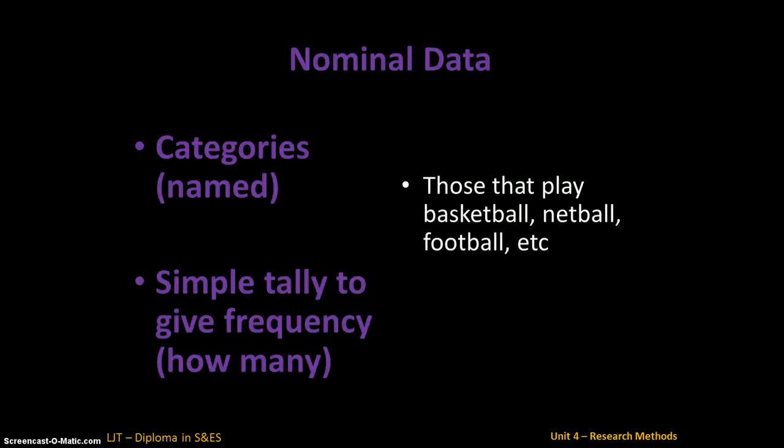So examples might be, in your class, we've got 3 categories: basketball, netball, football. Count up how many people fit into the basketball playing category, or the netball playing category, or the football playing category. So it's essentially frequency data, how many people or how many things.